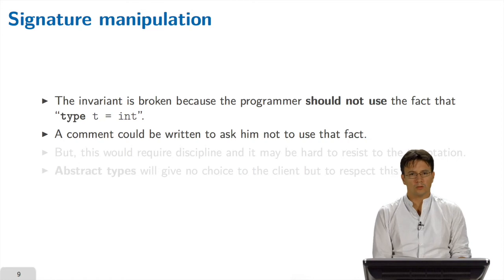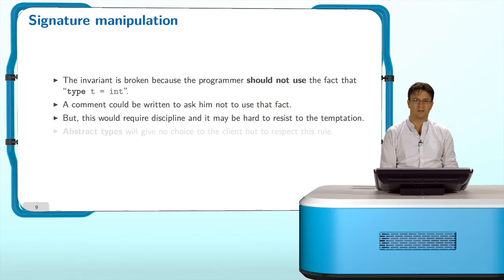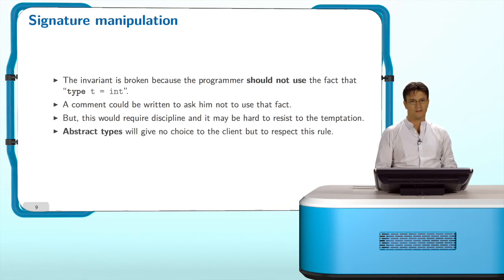Well, we could write a comment in the signature saying that the client should be gentle and not use this fact. But still, the temptation can be very hard to resist. That's why we will use what are called abstract types.